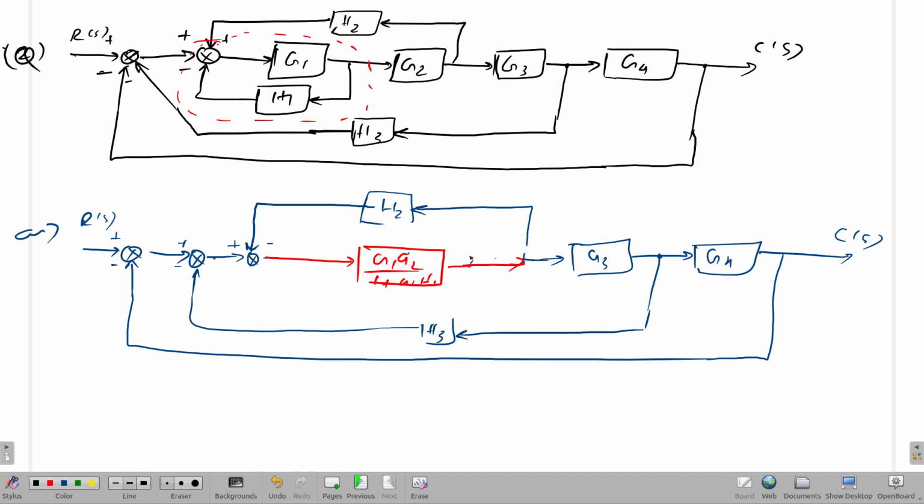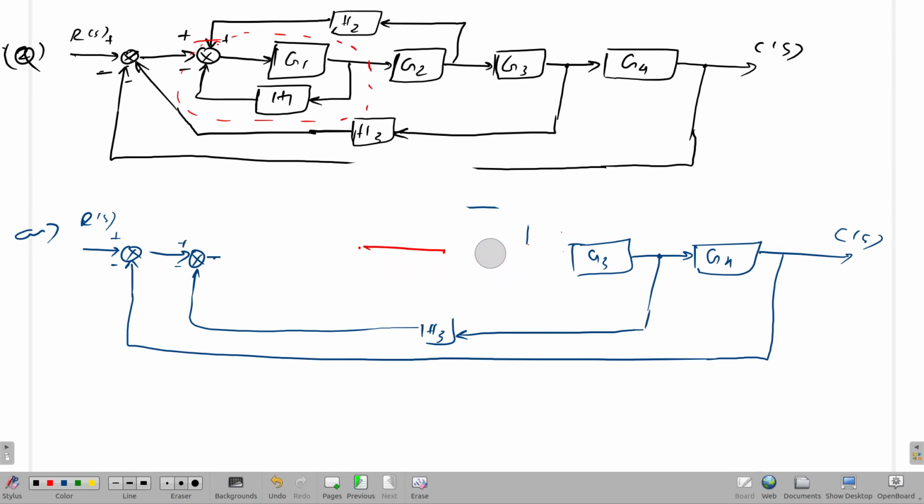So you only have this one. So now this path, this block and this block will be in a feedback loop. So the effective transfer function of this much will be changed. What will it be? Let me just redraw that. Right.